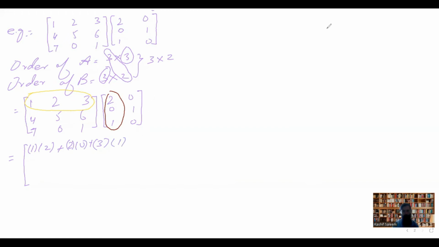So now again first row and second column. First row, second column should come here. So 1 multiplied by 0 plus 2 multiplied by 1 plus 3 multiplied by 0.